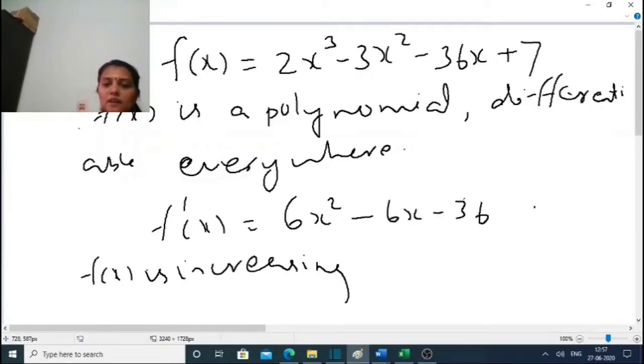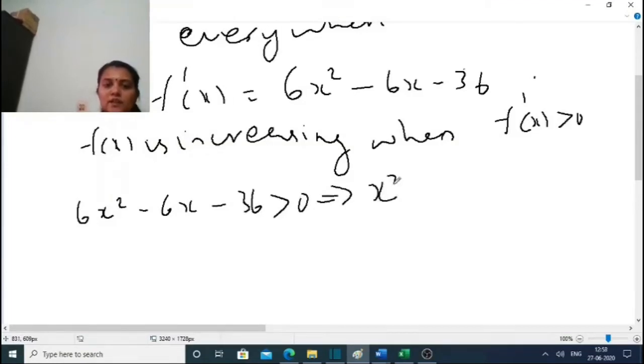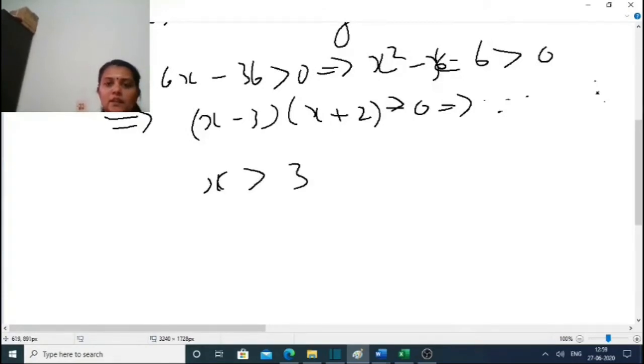The function is increasing when f dash x greater than 0. So 6x square minus 6x minus 36 greater than 0 implies x square minus x minus 6 greater than 0, which implies x minus 3 into x plus 2 greater than 0, which implies x greater than 3 or x less than minus 2.